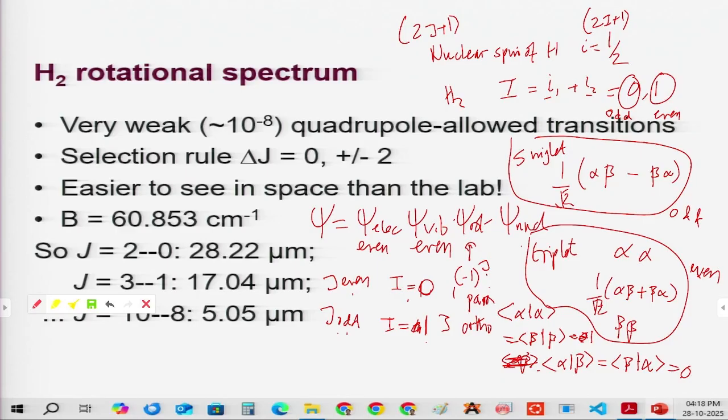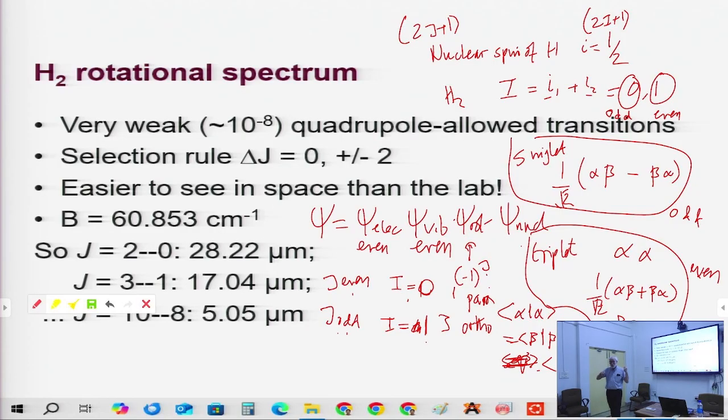Bolsheviks means orthodox and Mensheviks means paradox. So a lot of molecules have this property, and basically things with identical atoms have this property, and you can get more complicated. C60, which has 60 identical carbon atoms, if they're all carbon-13, you get 5 different nuclear spin isotopologues.